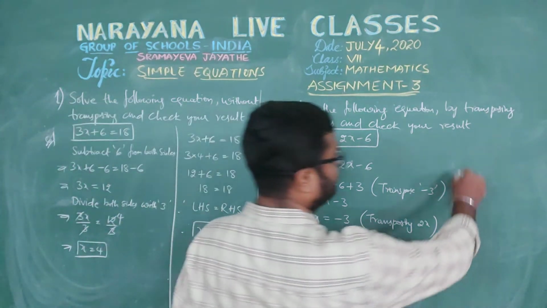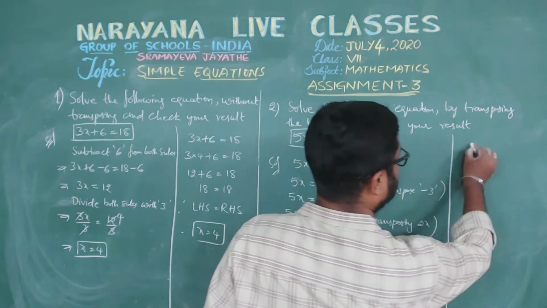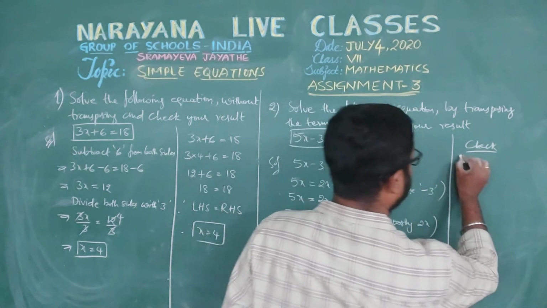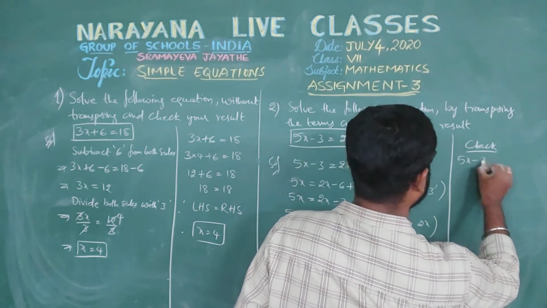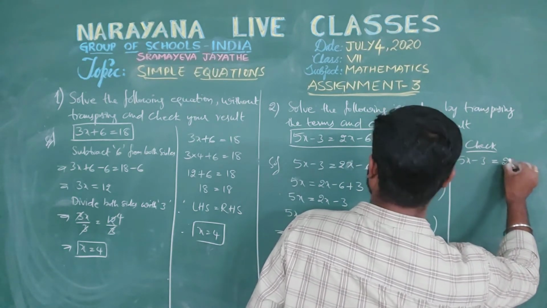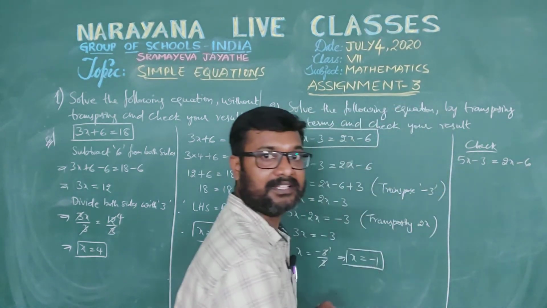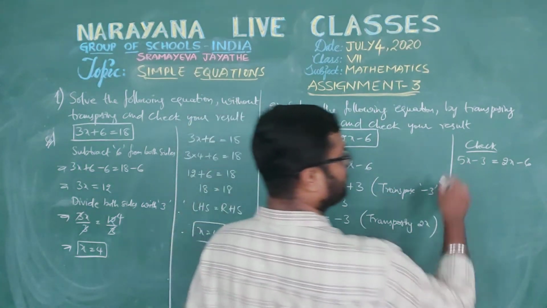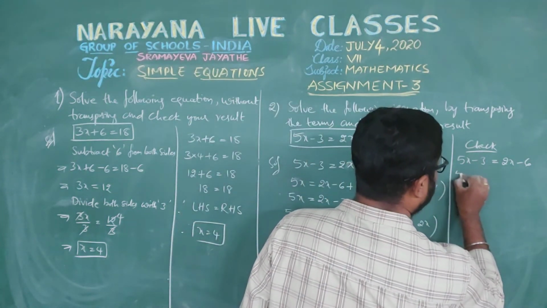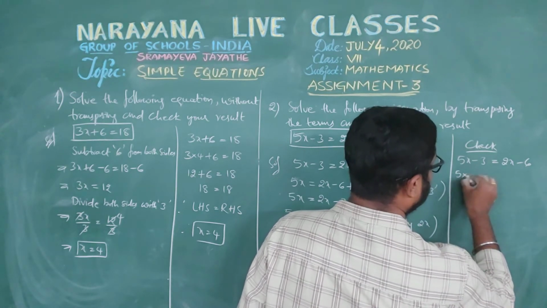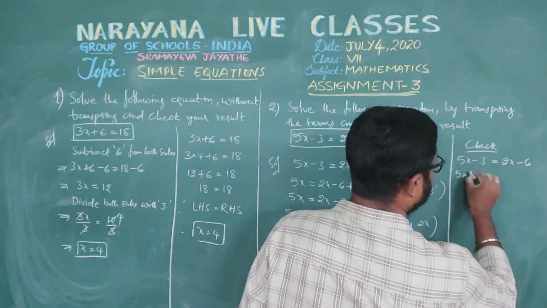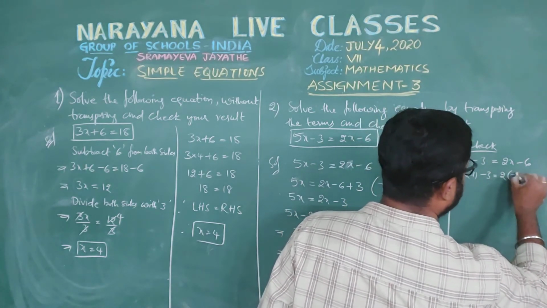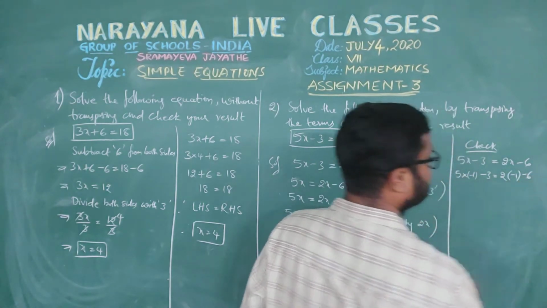Let's check this one. Check the result. Now here we have the equation, 5x minus 3 is the LHS and 2x minus 6 is the RHS. Now x is equal to minus 1, substitute here. 5 into minus 1 minus 3 is equal to 2 into minus 1 minus 6.